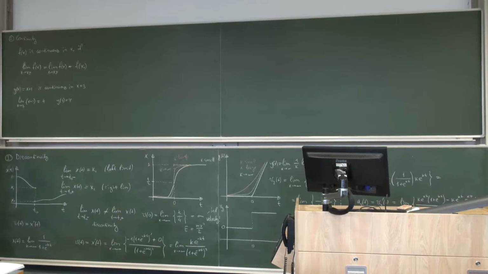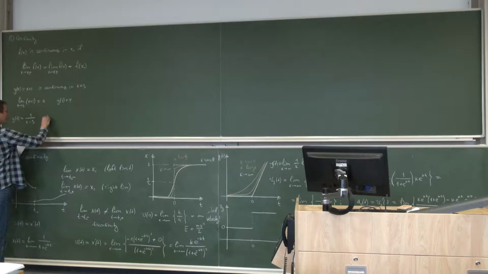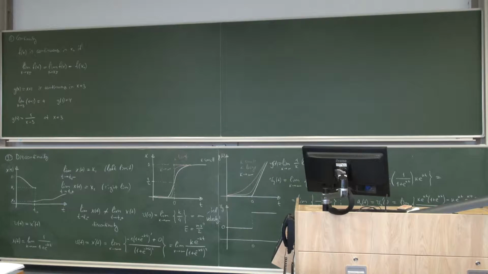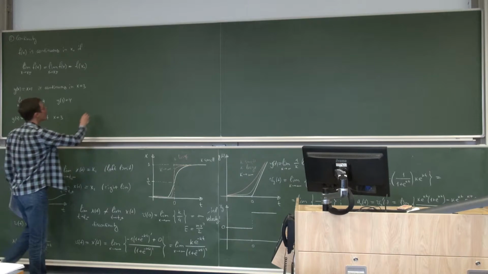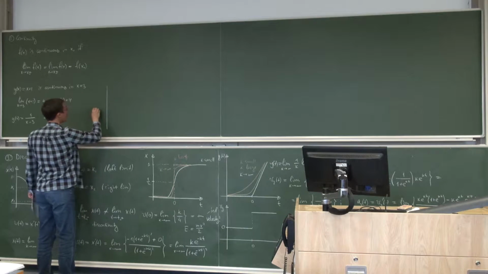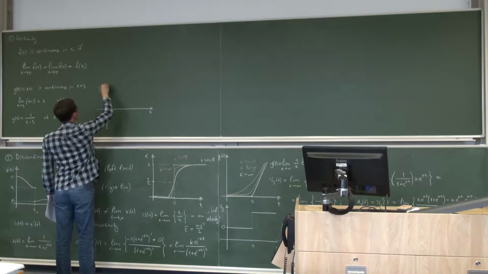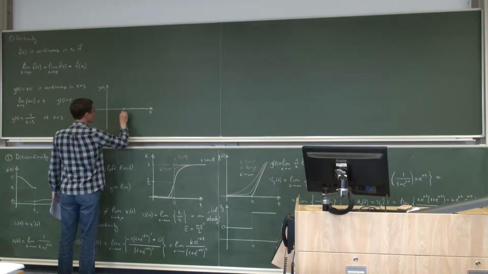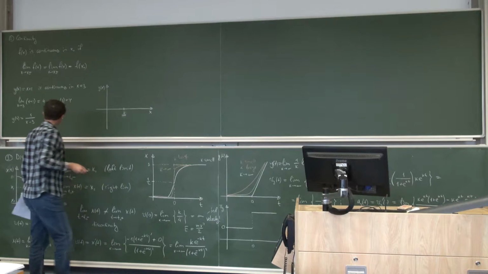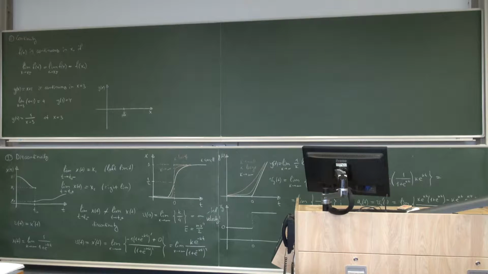That's an obvious case, but there are cases that are a lot less obvious than this. Let's look at the function that is not continuous. If we look at y of x equals 1 over x minus 3 at the same point, then as you can see it's 1 over 0, so the limit is infinite, but the left limit and the right limit are different. If we plot this function around x equals 3, let's see what happens when x is slightly smaller than 3.